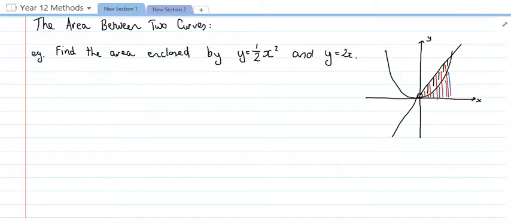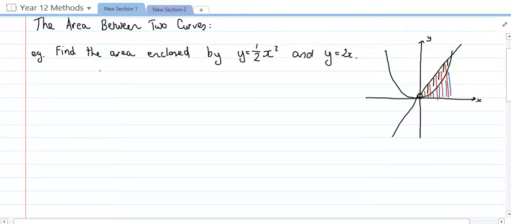So what you can see is that I can get the area between them by doing the area under the straight line and then taking away the area underneath the curve. If I take away this section here, it's just going to leave me with that bit in the middle there. So that's exactly what I'm going to do.